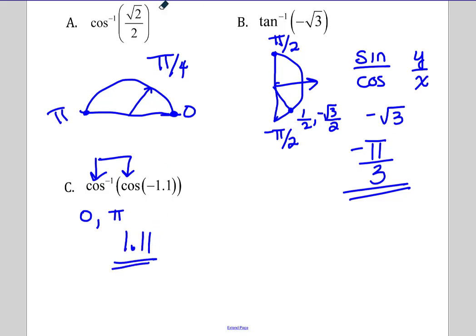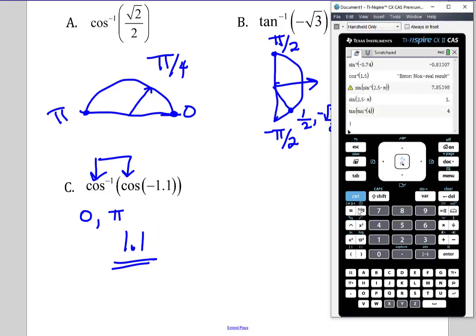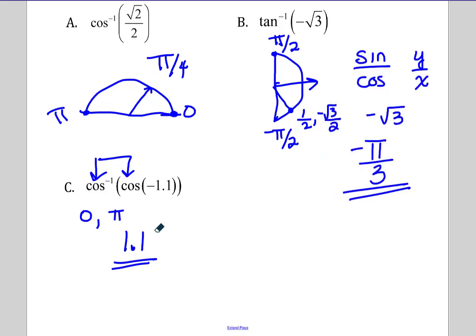And we can verify that with the calculator. So cosine inverse of the cosine of negative 1.1 is going to be positive 1.1, since cosine's an even function. Okay?